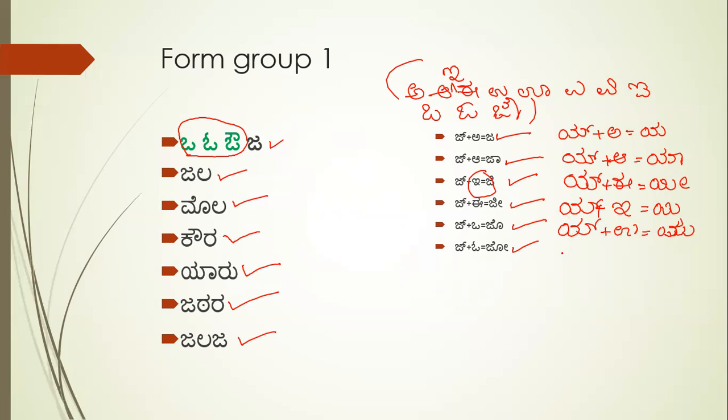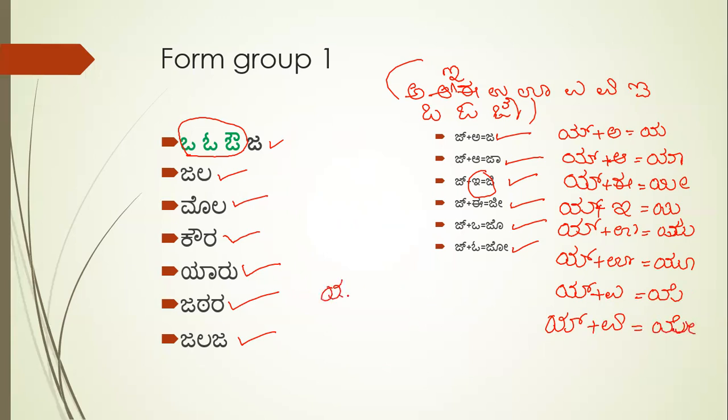Okay, and half y plus big u, it is yu, and half y plus a, it becomes ya, and half y plus a with dirgha, so ye, and half y plus o, it becomes yo.